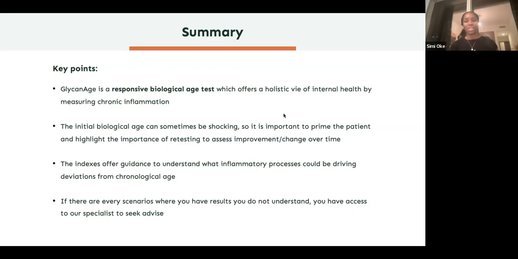Of course, we do our own research, but there are so many things in this space that are being used, so if you have questions about whether we have a study on this or that, you can email us at partners@glycanage.com, and we typically will be able to get back to you. Please do share with us, because it helps us direct where we want to do research and studies as well.